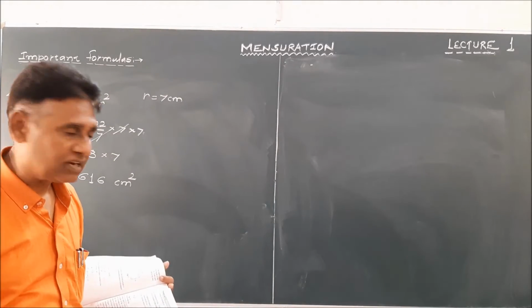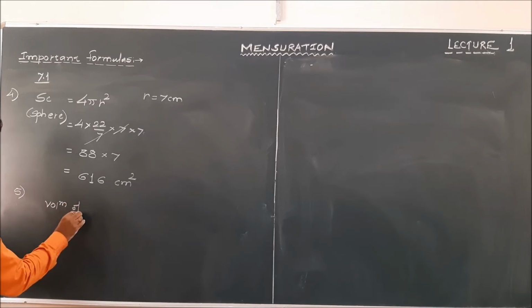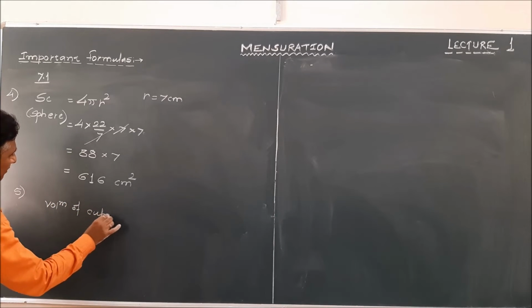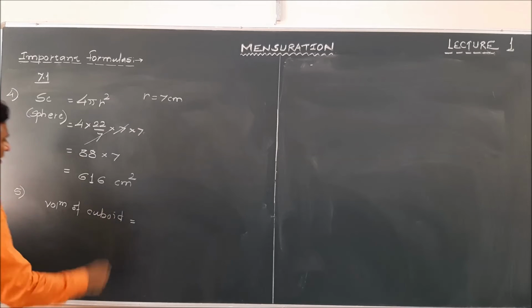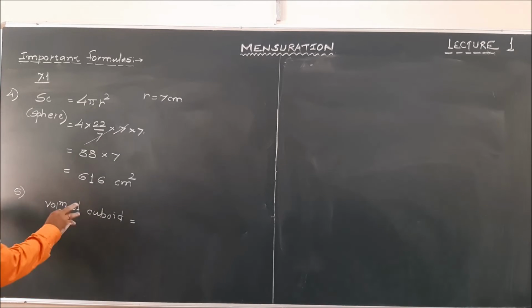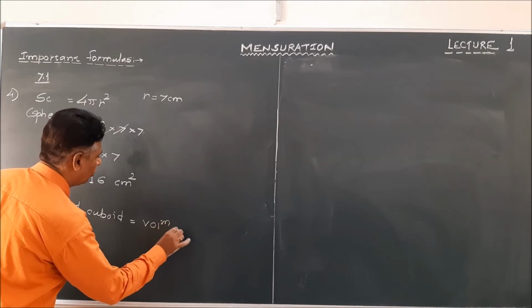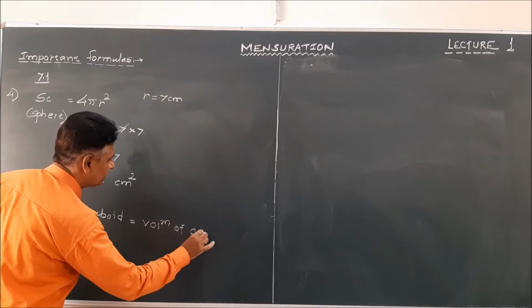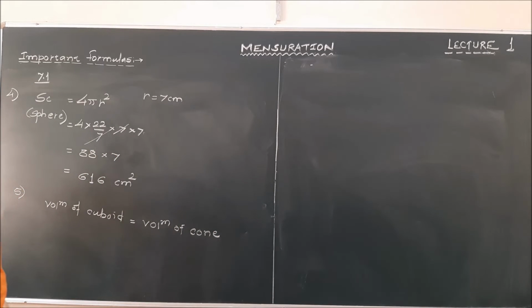Now try to understand that by melting the cuboid, a cone is prepared. So volume of cuboid is equal to volume of cone. Same, because the cuboid is melted and the cone is formed.